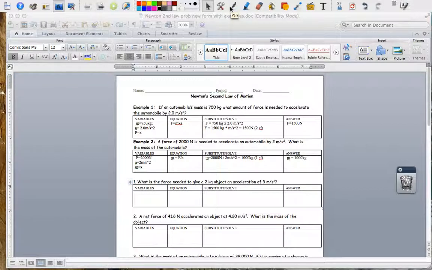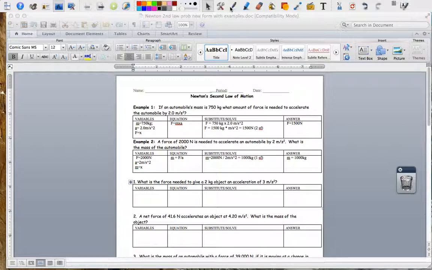Like all of these problems, keep in mind the first step is to go through and identify what variables we have and find out what the problem is asking of us. In example number 1, if an automobile's mass is 750 kilograms, what amount of force is needed to accelerate the automobile by 2.0 meters per second squared?